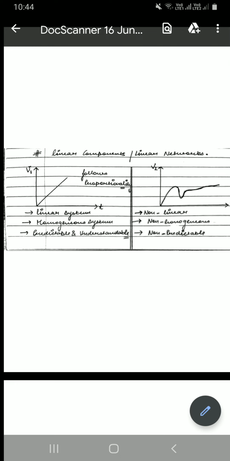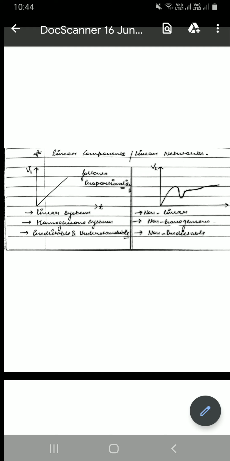Now, all our practical components and networks are originally non-linear in nature, but we have to convert them. To do the mathematical analysis, as you know that engineering is nothing but application of science with the help of mathematical modeling, we have to convert the non-linear component into a linear system first.